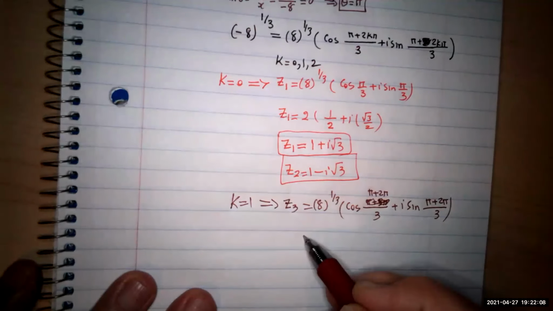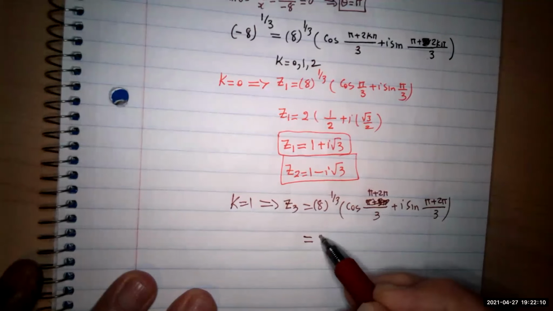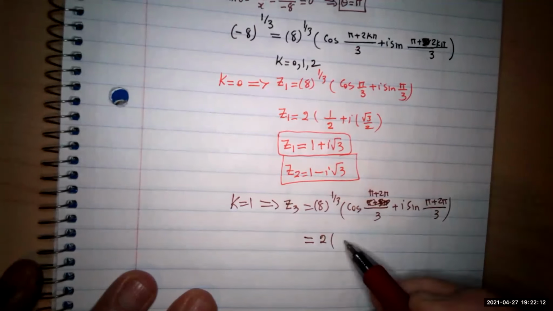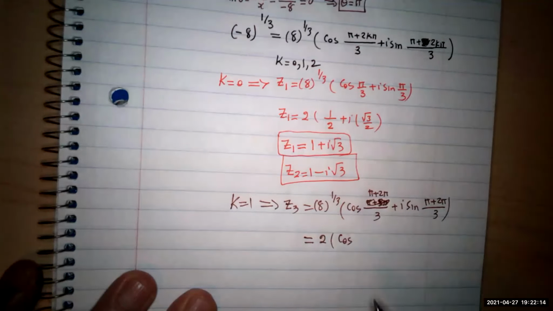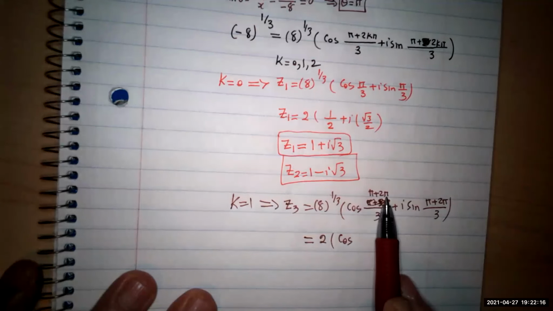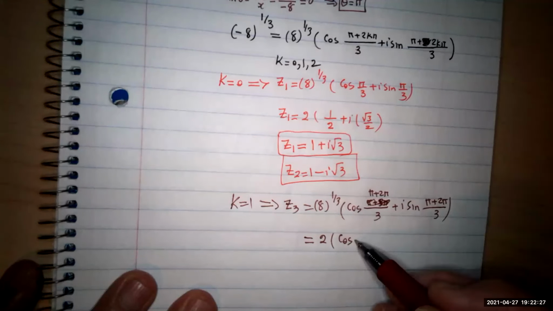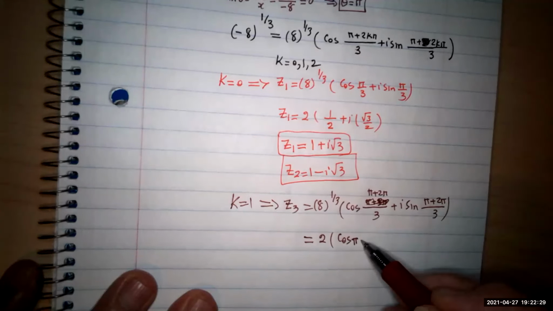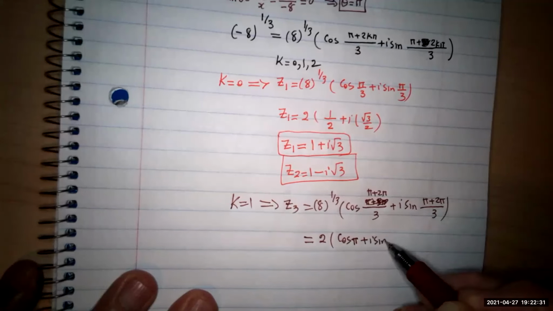Okay, simplify it. 8 to the 1/3 would be 2. Cosine of, what is this now? Pi and 2 pi would be 3 pi. 3 pi over 3 would be pi. So cosine of pi plus i sine of pi.